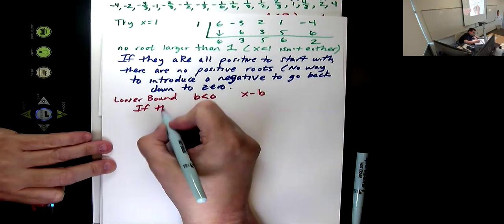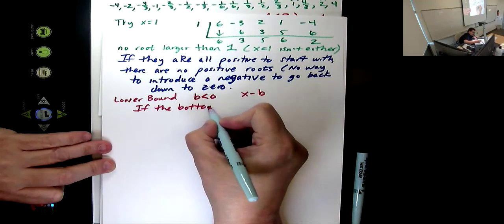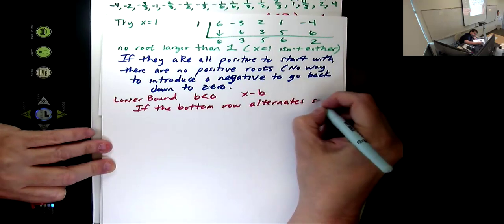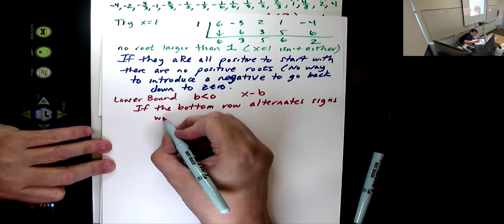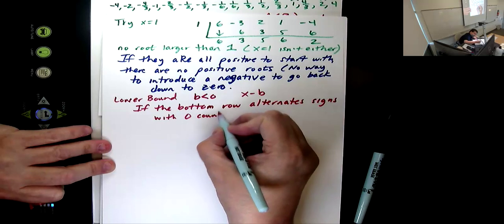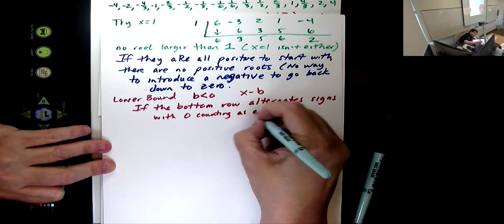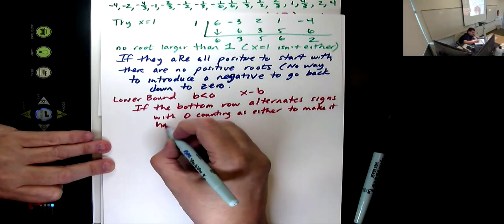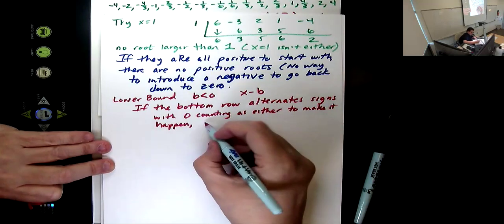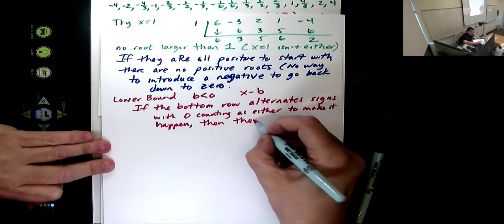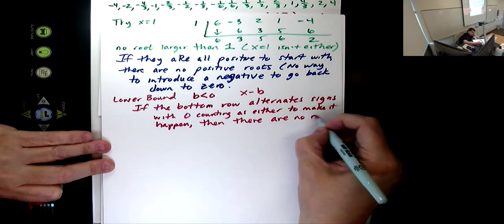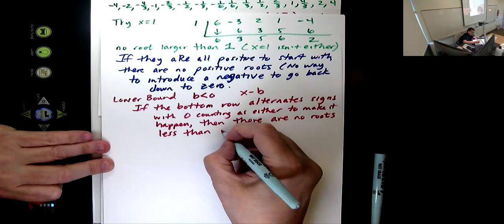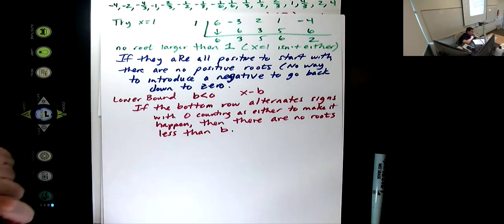If the bottom row alternates signs, with 0 counting for either to make this happen, then there are no roots less than b. This one's a little harder to find without just getting lucky.